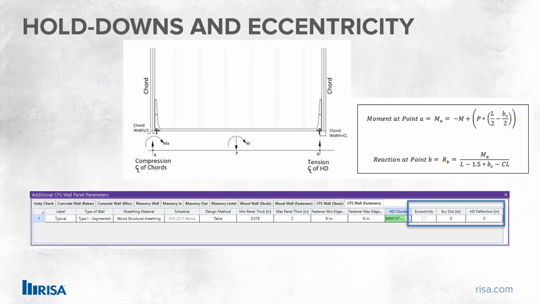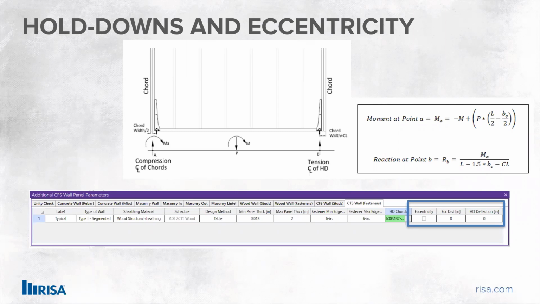You can give it a little bit of eccentricity using some calculations to figure out where your moment is and then push it back from that point. And if you want to add that eccentricity to get that hold down force scooted over a bit, you could do that. The other thing about hold downs, since we don't know what your hold down is going to be, is that hold downs are actually used in the calculation of the deflection.